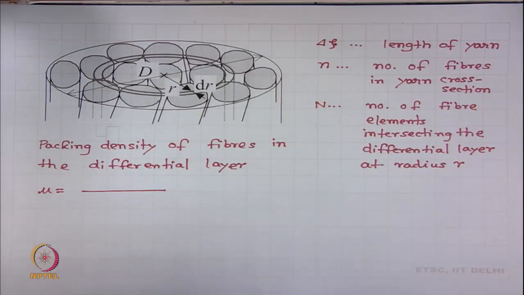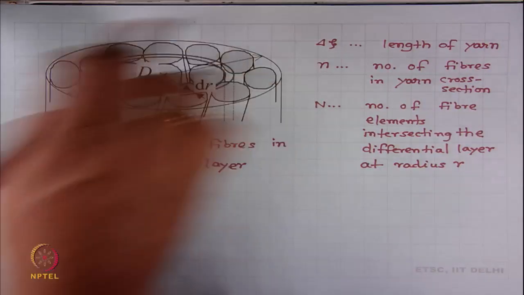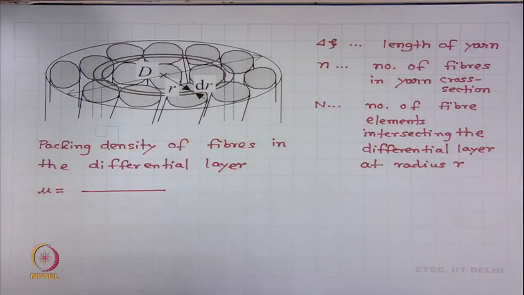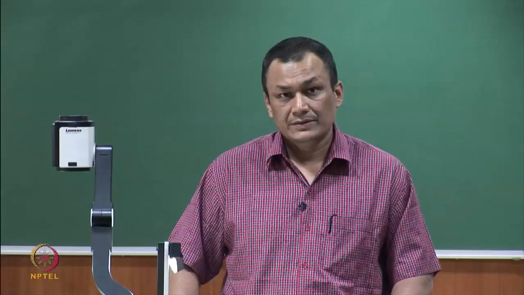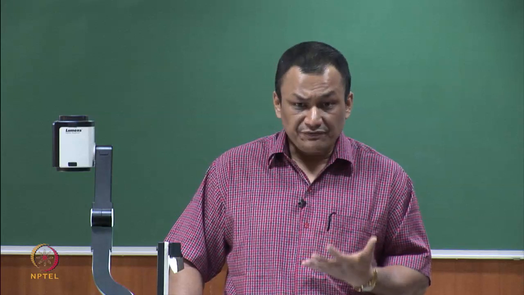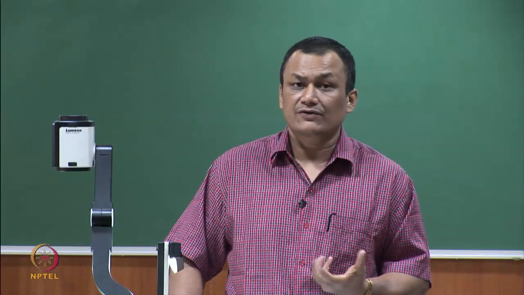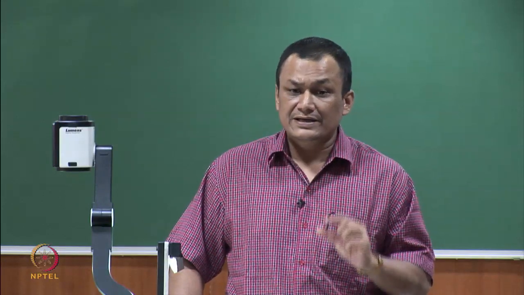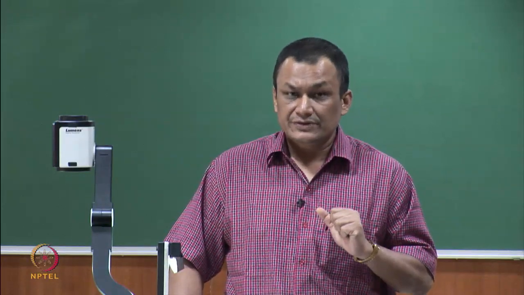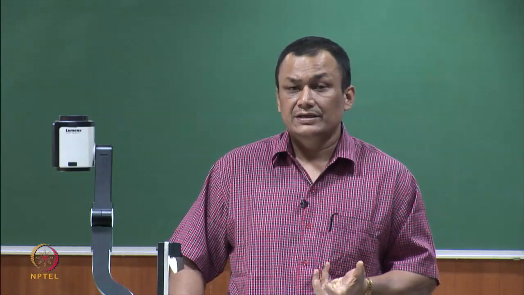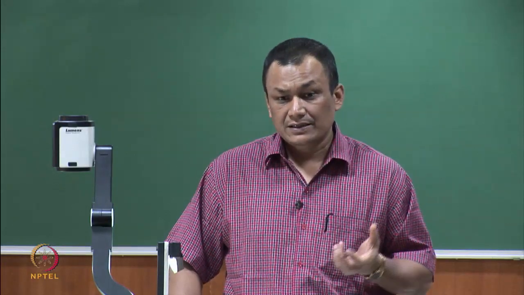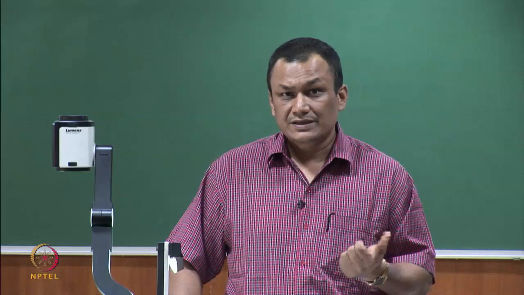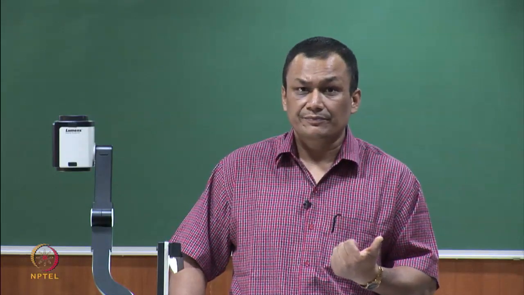Now, based on assumption 2, this packing density is the same at all places inside this yarn. How to find out this packing density? Packing density is defined by the ratio of fiber volume to yarn volume. If we consider fiber length and yarn length the same, then packing density can be interpreted as area occupied by fibers divided by area occupied by the yarn.